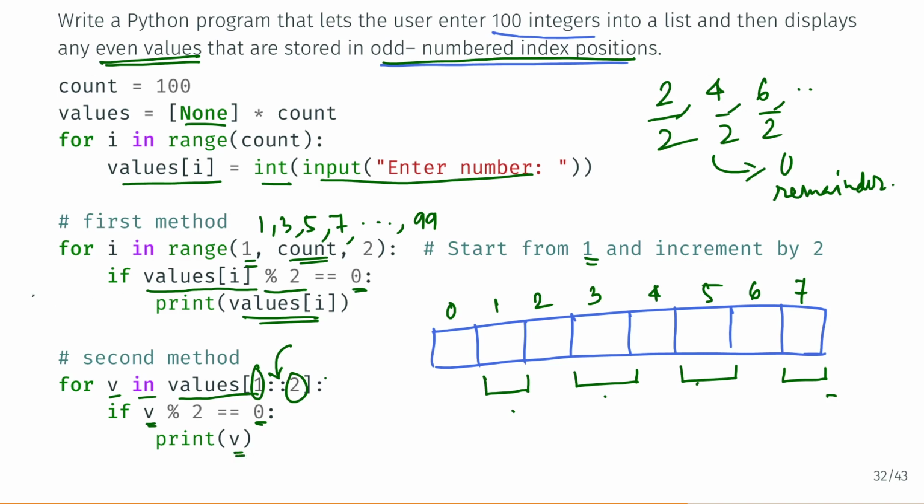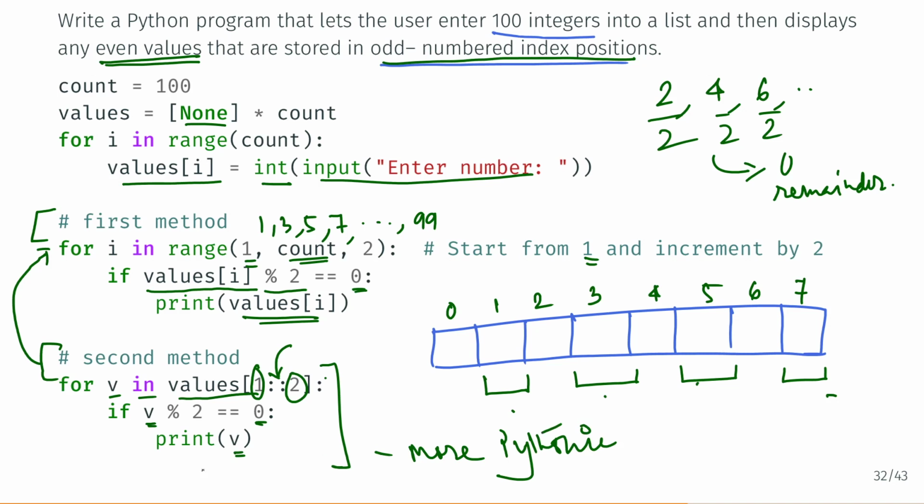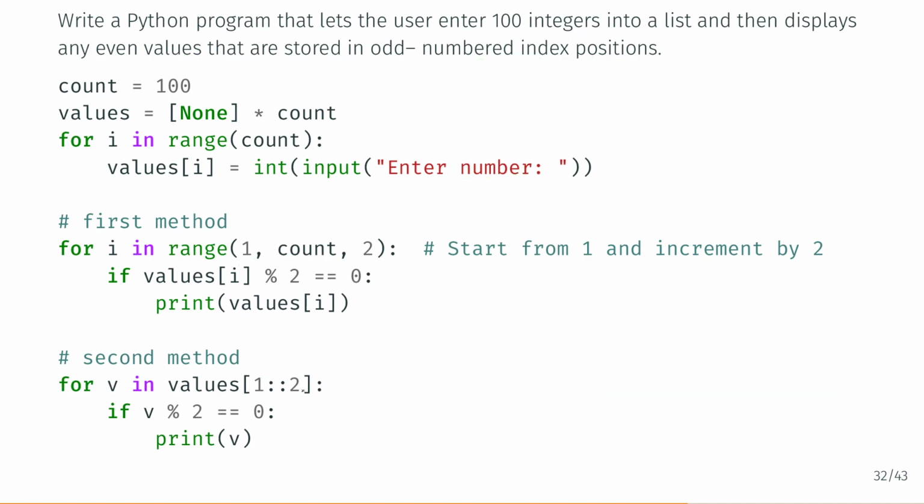Okay, essentially the second method is completely and exactly equivalent to the first method, except it is a more Pythonic way of doing things. Okay, so what it does is it creates a sublist from the list of values, and the sublist starts from the first index in the list, so skipping 0, starting from the second element, and then takes every other element, step size of 2, all the way to the end.